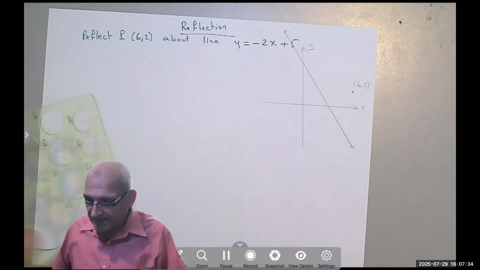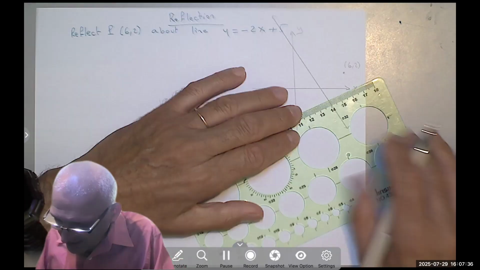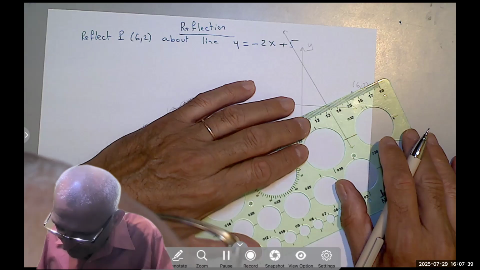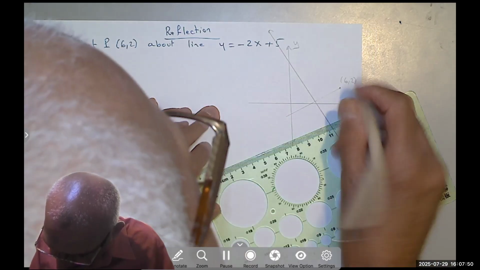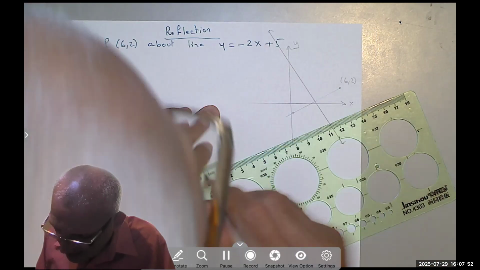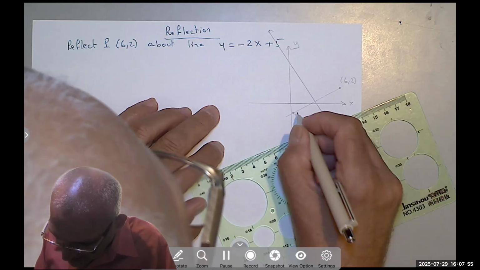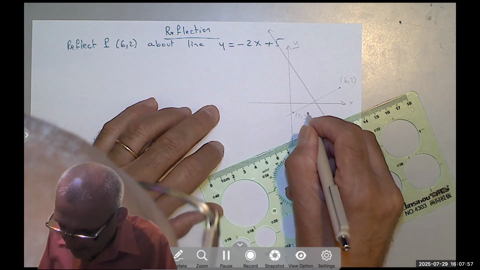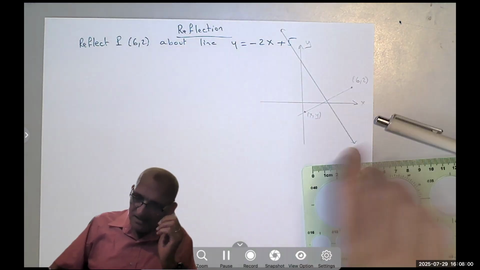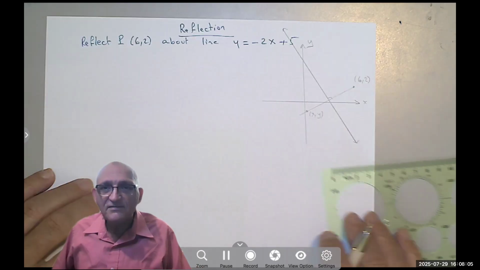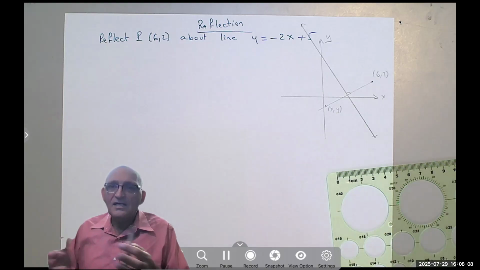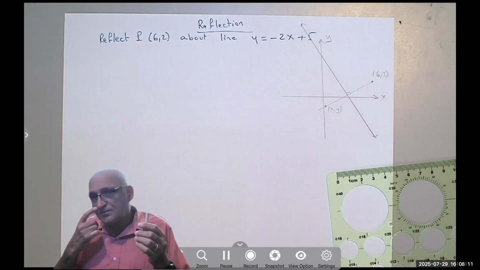Geometrically, if I want to do that, I will plot a perpendicular line from the point to this line, measure it, and then extend it the same distance and say, okay, so maybe my reflected point is here, x and y. You have to be very careful to draw the angle as 90 degrees and measure it very cleverly and clearly. But that's basically what we need to do.